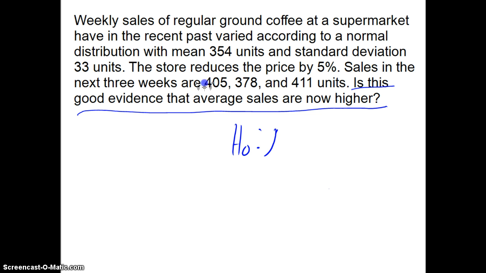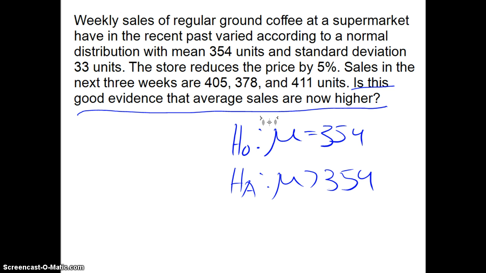The null hypothesis is that mu, the true mean of coffee sales, is 354 units. We're testing it against the alternative hypothesis, which is that mu is in fact greater than 354 units.